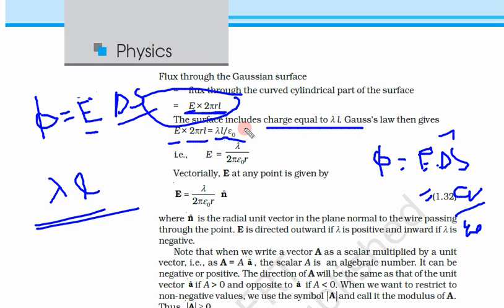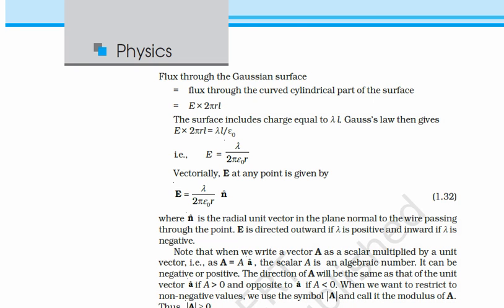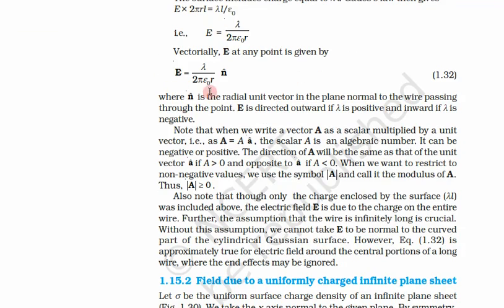Now this is the whole thing. Let us solve this. L and L cancel out, so E is equal to lambda upon 2 pi epsilon naught R. One important thing which you can see here is that for a uniformly charged long wire, the field varies as 1 by R. Electric field previously for a point charge was 1 by R square.